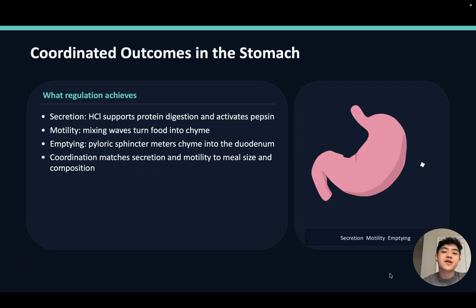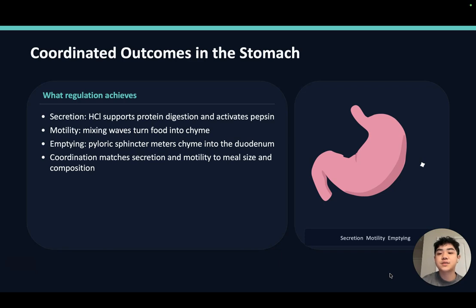Now that we have the control signals, what do they actually produce? This slide focuses on the outcomes that are coordinated during the gastric phase. So the first is secretion. The parietal cells increase hydrochloric acid.